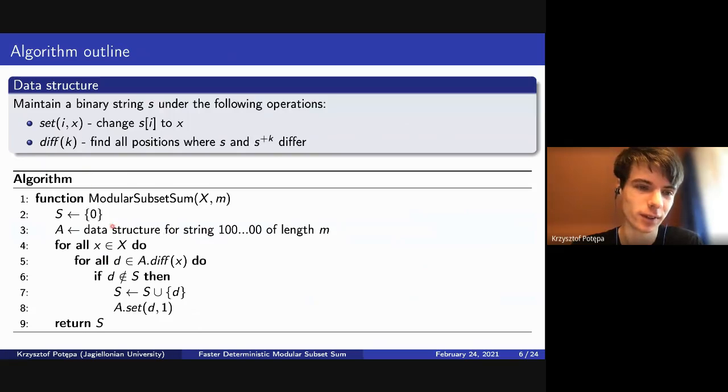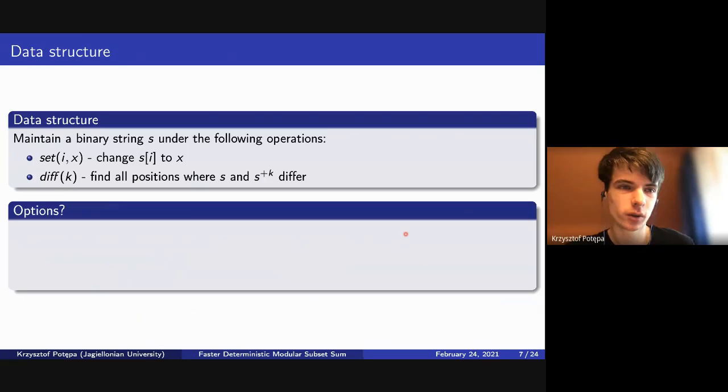If it works like this, then we get an algorithm that works in polylog time, because we always change 0 to 1 here, and the symmetric difference is just twice the size of the normal difference from the previous observation. So everything works. So how do we go about this data structure?